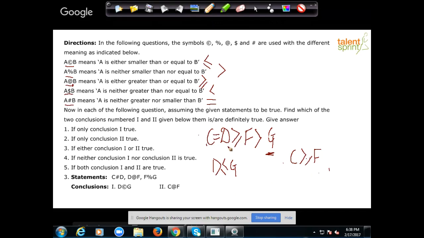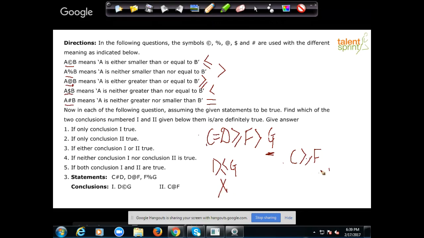C is equal to D, D is greater than equal to F, and F is greater than G. If we remove F, we will get that D is greater than equal to G, which is the exact opposite of what has been said in the first conclusion, which means that conclusion 1 does not follow.